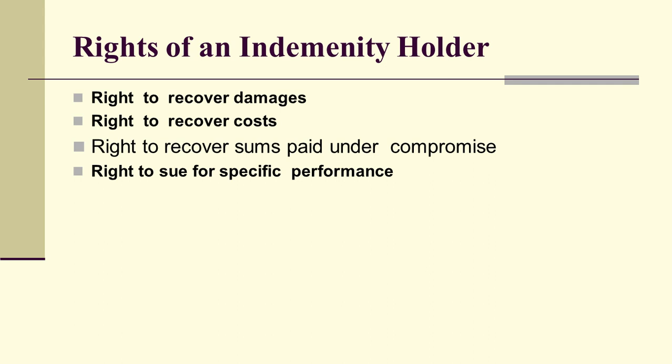And the indemnity holder also has the right to sue for specific performance. If the need for specific performance occurs during the contract, the indemnity holder has the right to sue and demand that the indemnifier perform it. If no specific performance exists, then the indemnity holder has no right to sue for that.